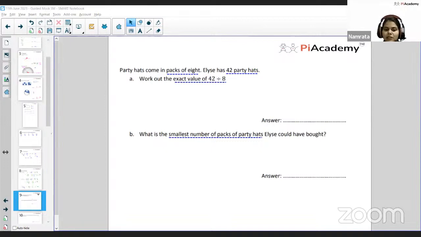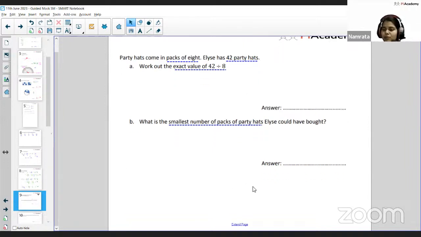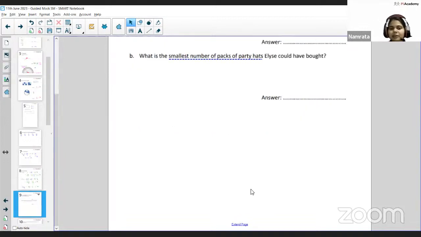Okay, so yes, we can start discussing. So the very first thing is we need to work out the exact value of 42 divided by 8, which means, since 42 is not fully divisible by 8, we'll get a decimal quotient. So yes, let me make the division part here. So 42 divided by 8. I hope we are all aware about 8's multiplication table.